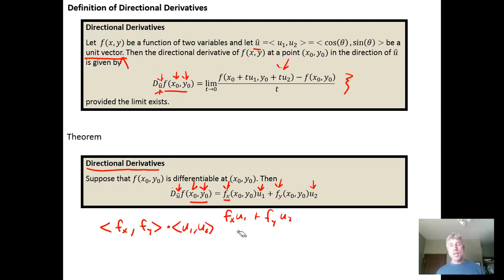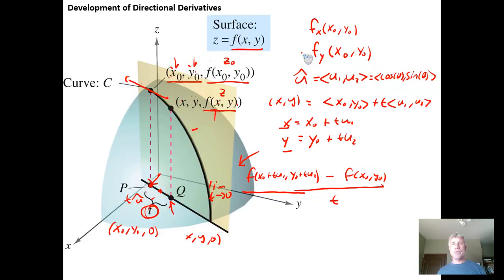So here's the plan. For the next two videos, I'm going to show two different justifications that establish that this formula gives you the directional derivative. So we're going to do the math. We're going to say, here's the formula for the directional derivative. Hopefully, conceptually, you're understanding what the directional derivative is.